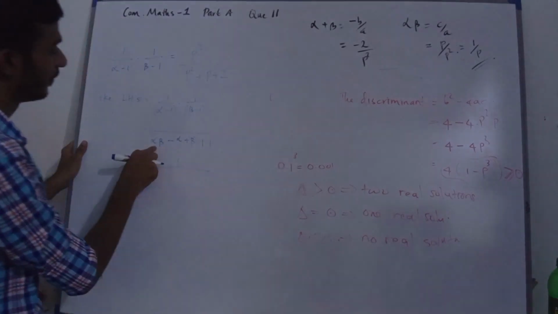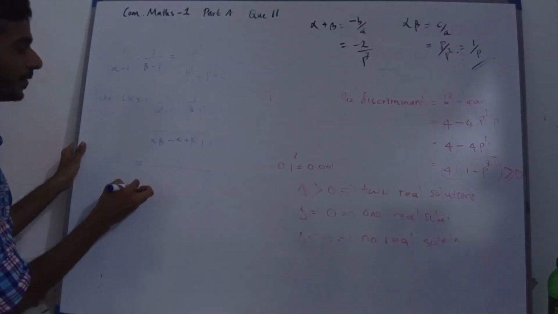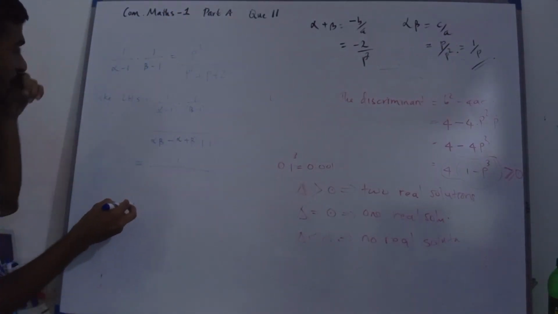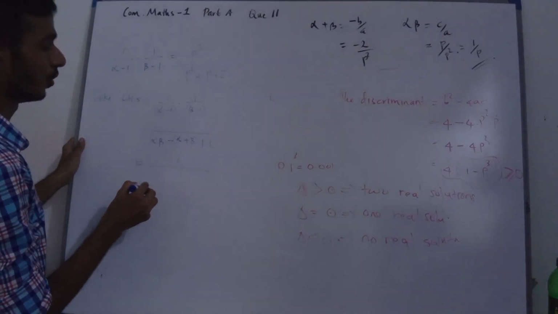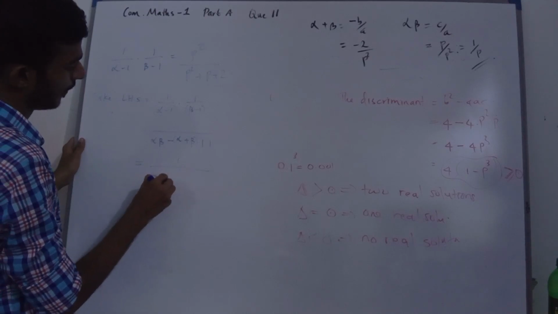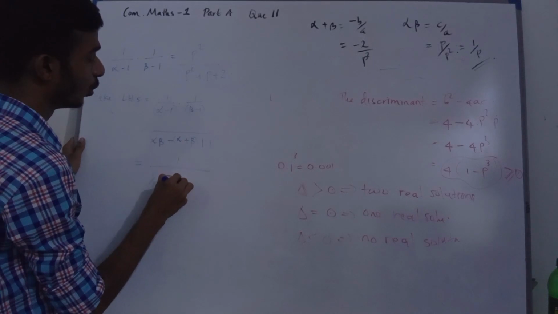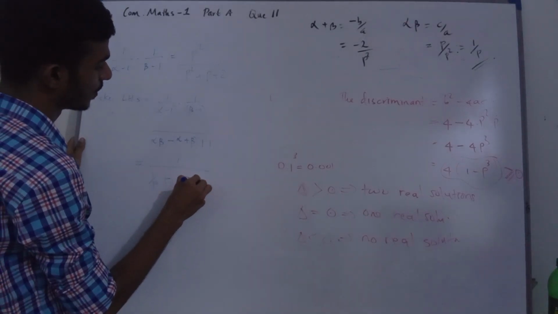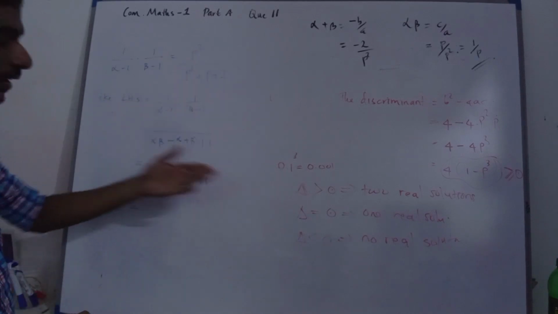Now I have found alpha beta and alpha plus beta here, so I just want to substitute those values. So alpha beta is 1 over p, minus, and this minus will become plus, 2 over p squared, plus 1. Just simplification remains.